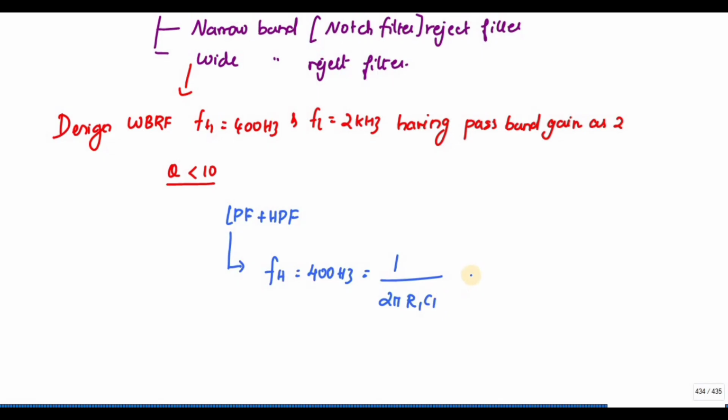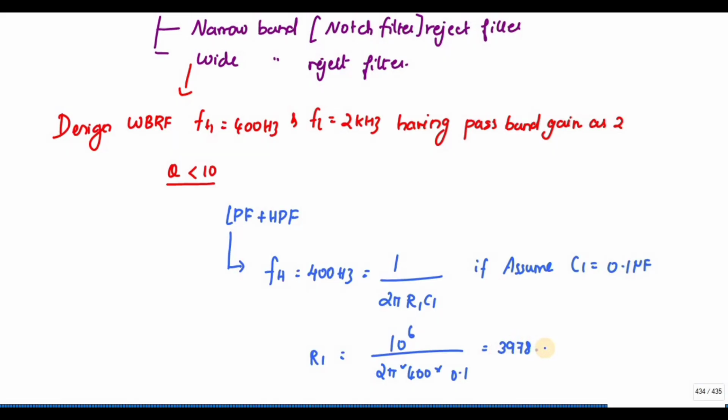If I assume C1 is equal to 0.1 microfarad, I will get the value of R1. R1 is equal to 1 divided by 2 pi into 400 into 0.1 into 10 power minus 6, which is nothing but 3978 ohm.